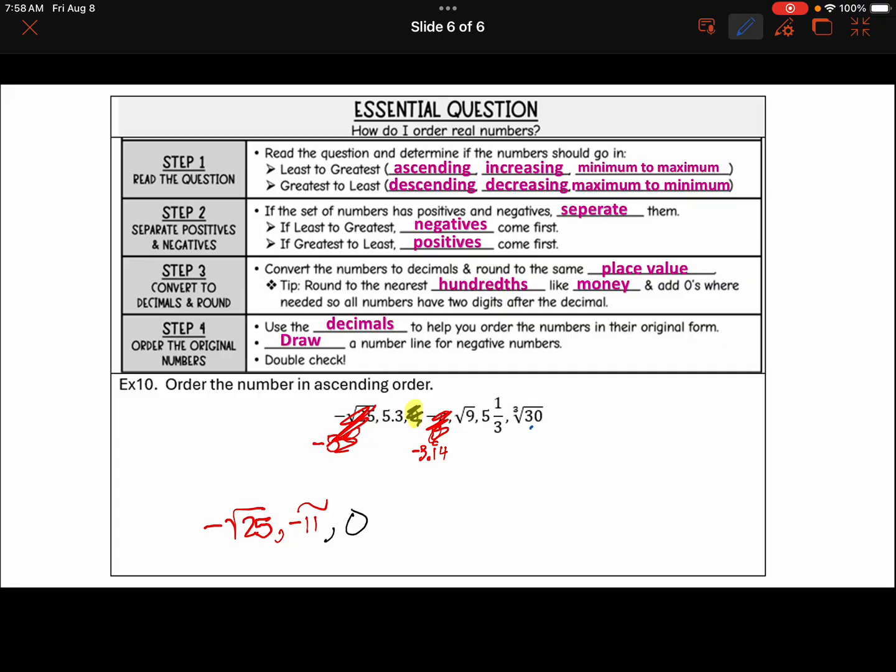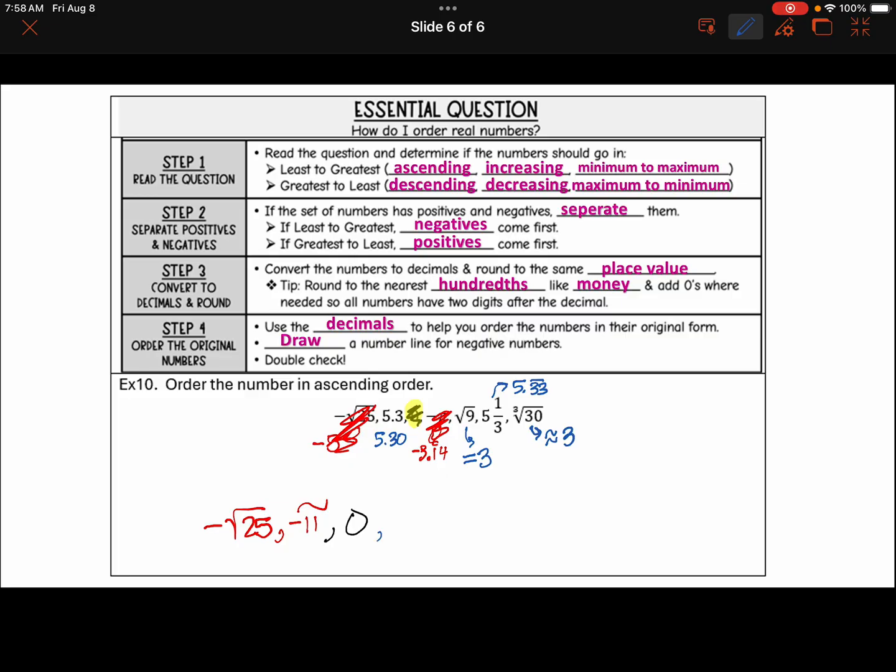The cube root of 30 is going to be a little bit bigger than 3 because 27 is the closest perfect cube to 30. The square root of 9 is exactly 3. And then this is 5.30, and this is 5 1/3, which would be 3 repeating. Okay. I've got enough here that I can organize them.